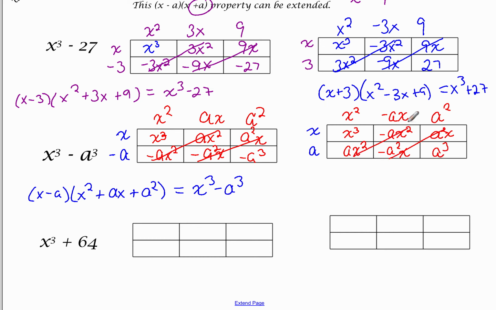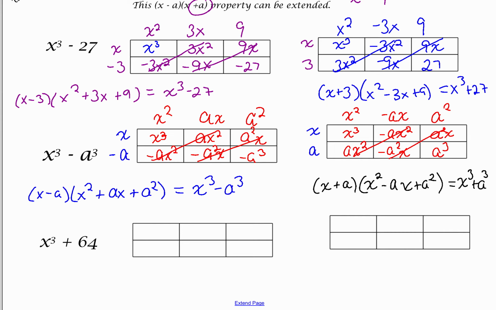Cancels out, cancels out. However, this time, when I multiply x plus a by x squared minus ax plus a squared, I didn't get x cubed minus a cubed. I got x cubed plus a cubed.